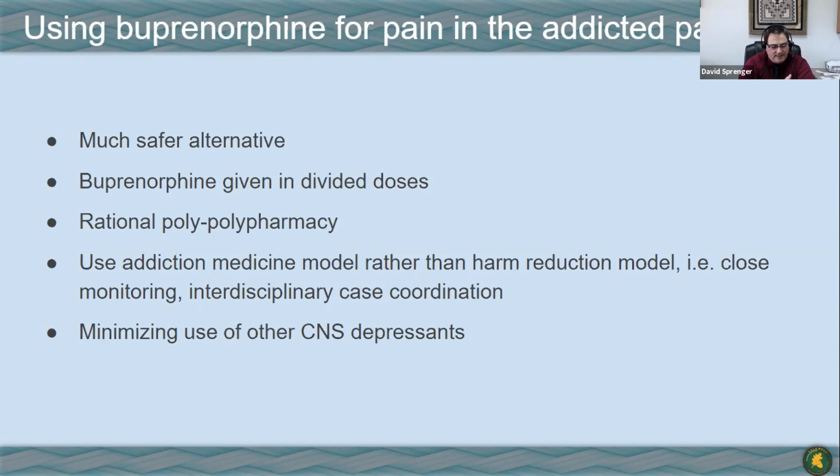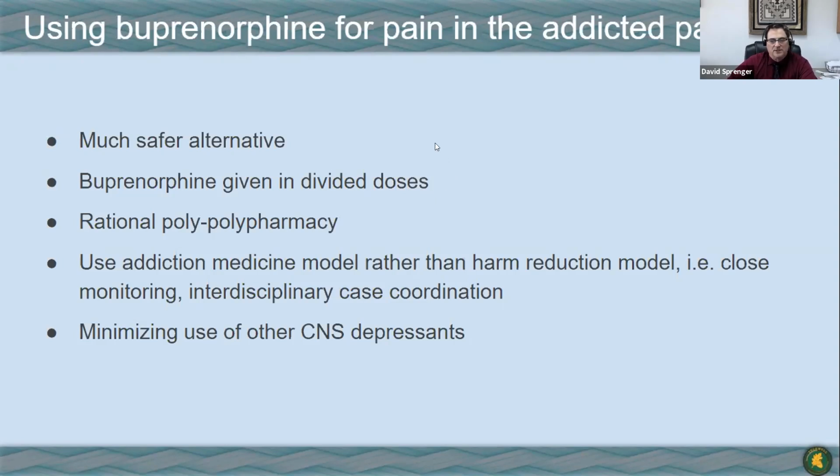There's some MAT programs that are true harm reduction models, and they give folks that are smoking marijuana a pass because it's better than having them overdose. Keeping them alive is the first priority. But in folks where you're treating their pain, using an addiction medicine model is a little bit better for those folks.